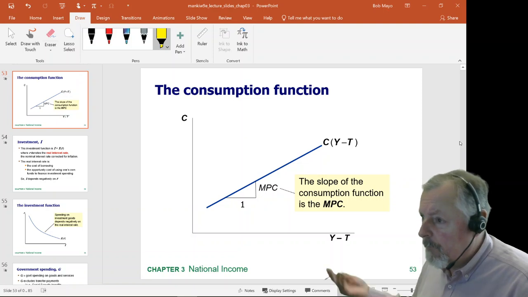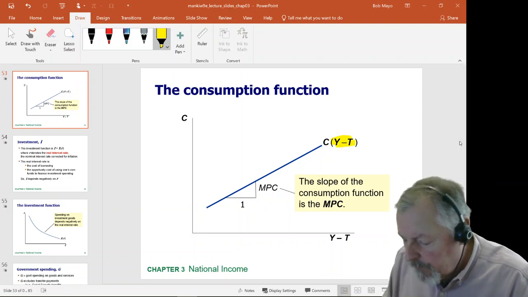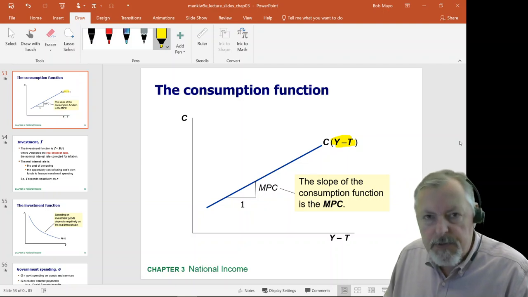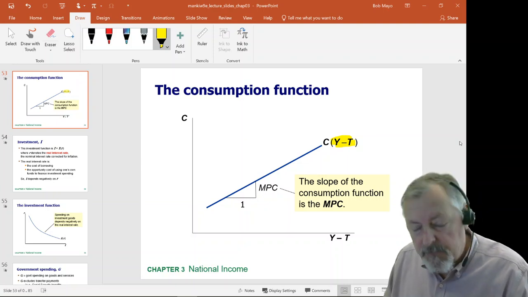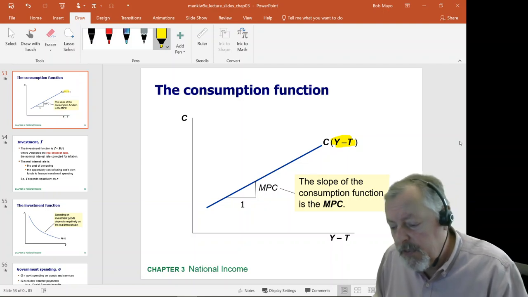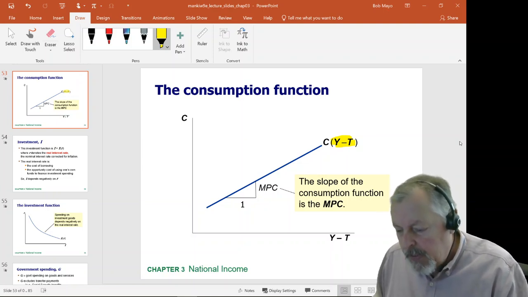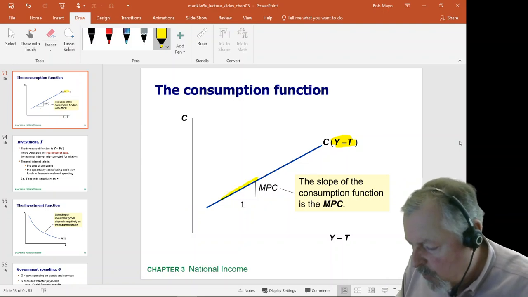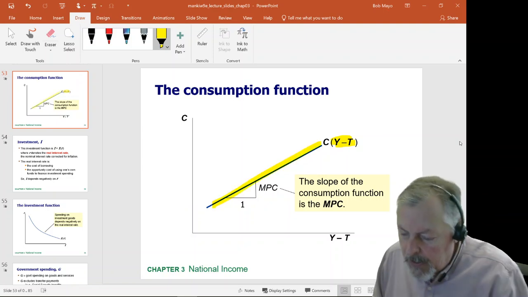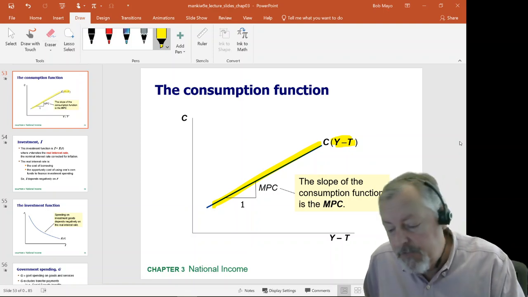Here, consumption is a function of disposable income. Some fraction of your disposable income you'll consume. And disposable income is total income minus what goes to taxes. Here, this slope is something less than 45 degrees.